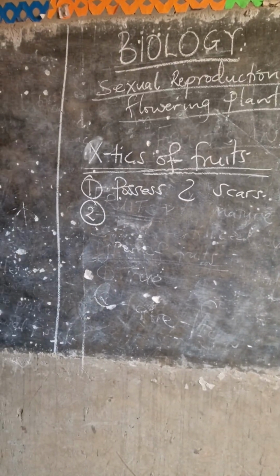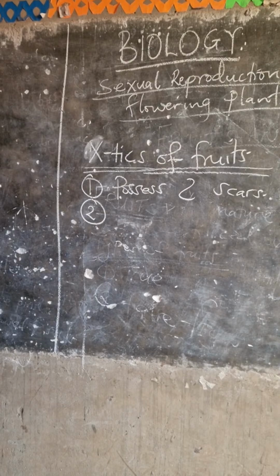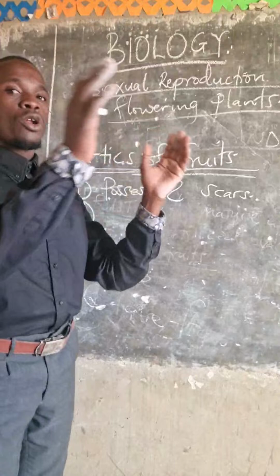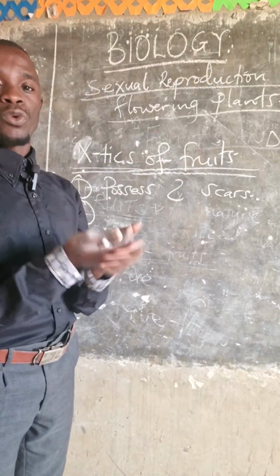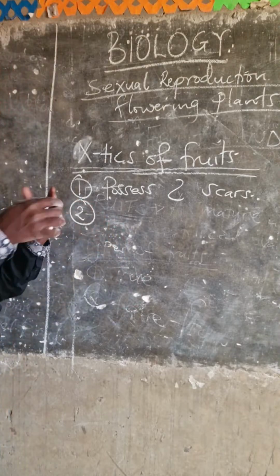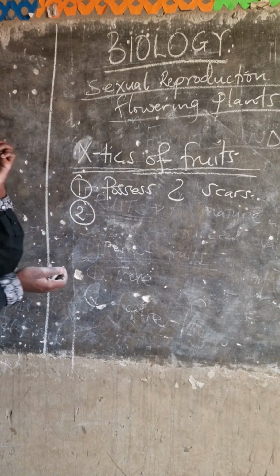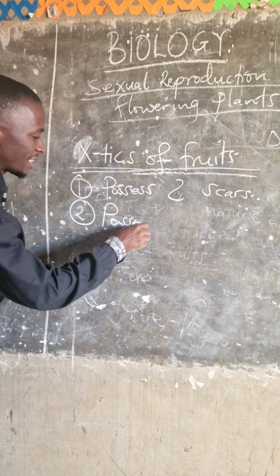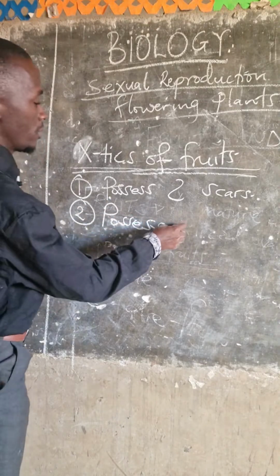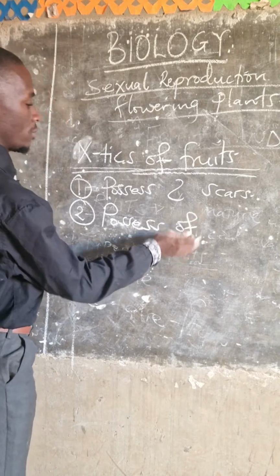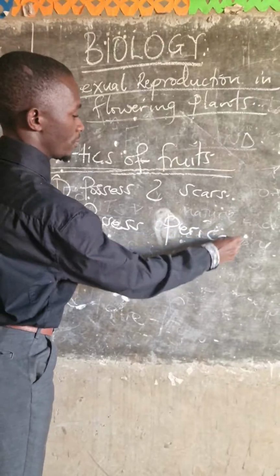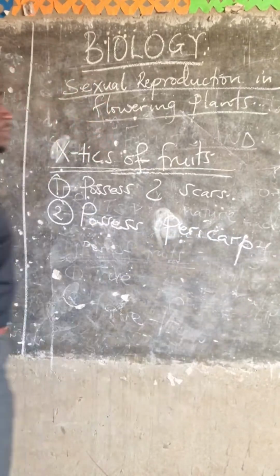Secondly, after fertilization, the ovary wall forms what we call a fruit wall. And this fruit wall is known as a pericarp. So every fruit is characterized by possession of a pericarp. A pericarp is a fruit wall.